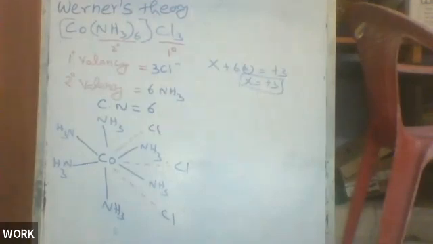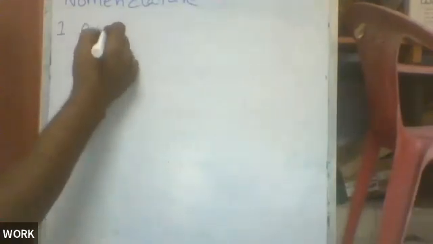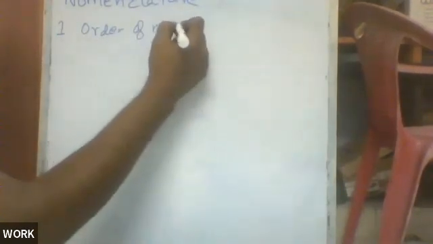Now we'll go to the nomenclature of coordination compounds, and then we'll start valence bond theory. Nomenclature means how complexes are named according to IUPAC. First, the order of naming ions.